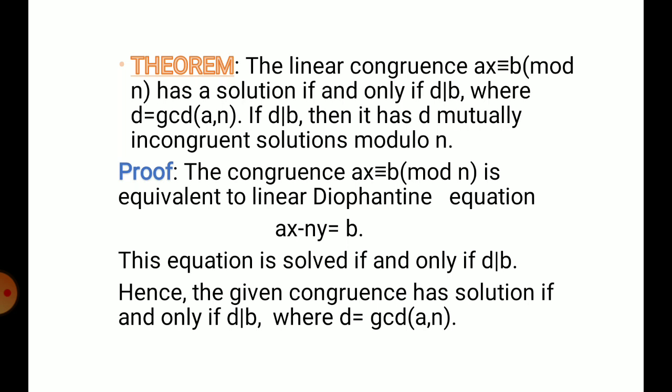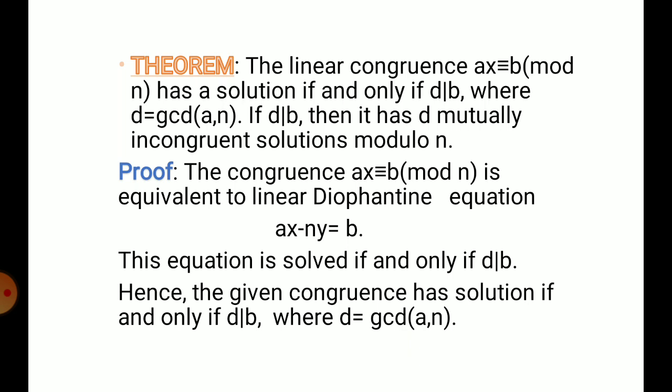But this Diophantine equation is equivalent to the given congruence ax ≡ b mod n, and hence the given congruence has a solution if and only if d divides b, where d is the greatest common divisor of a and n. This is the proof of the first part. That means the given congruence ax ≡ b mod n has a solution if and only if d divides b.